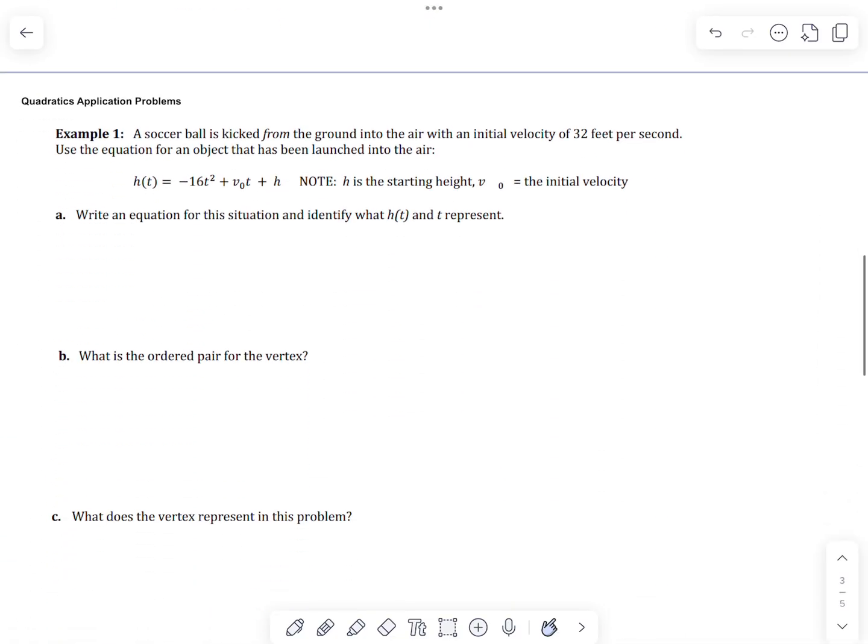So here's an example. We have a soccer ball that is kicked from the ground into the air with an initial velocity of 32 feet per second. And we want to use the equation for an object that has been launched into the air.